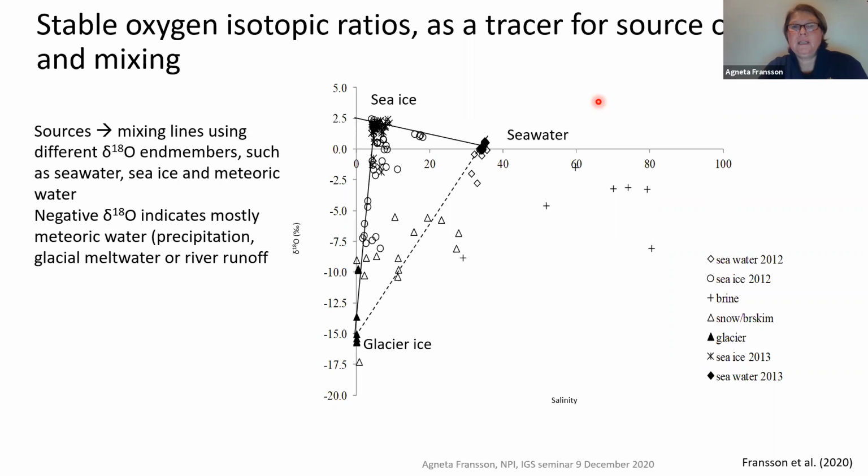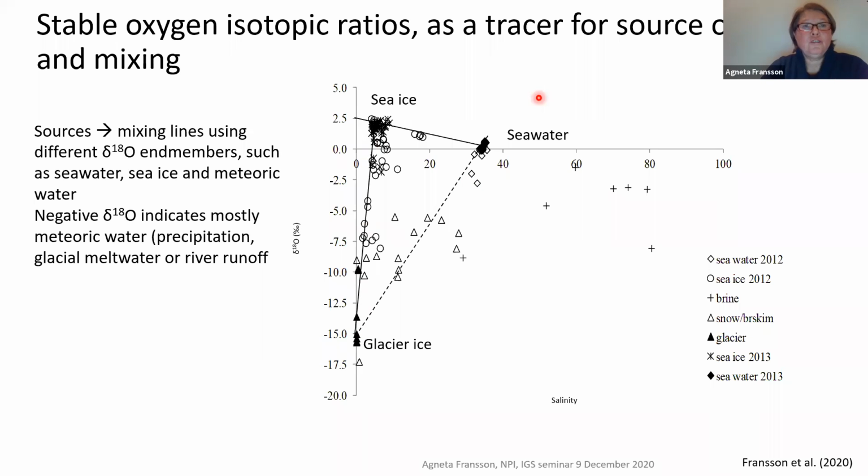So we use these end members of seawater, sea ice, and meteoric water. For glacier ice, we use -16 of oxygen-18, and for seawater around 0. And then we have sea ice, which is a mixture of glacier ice and sometimes seawater, so that you have mixing lines between the different end members here.